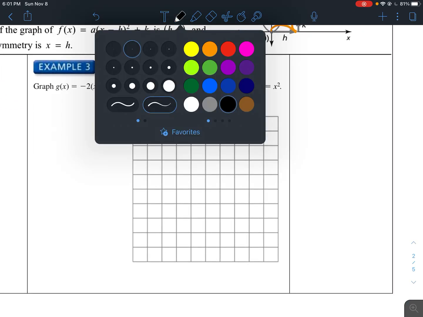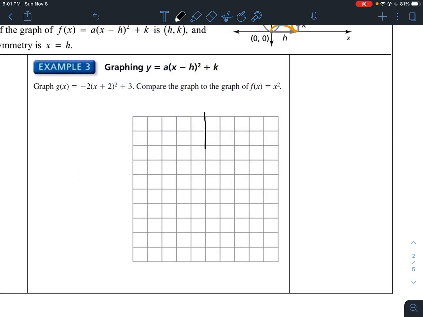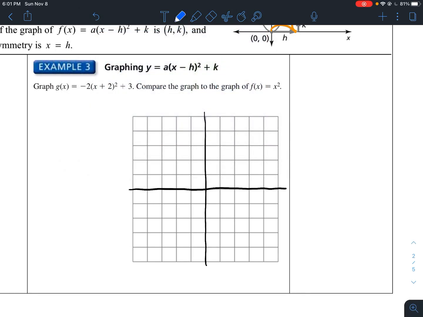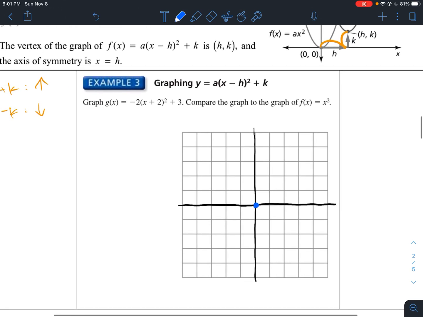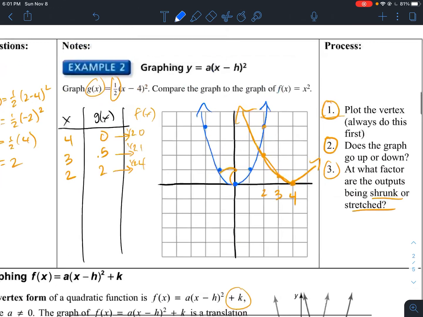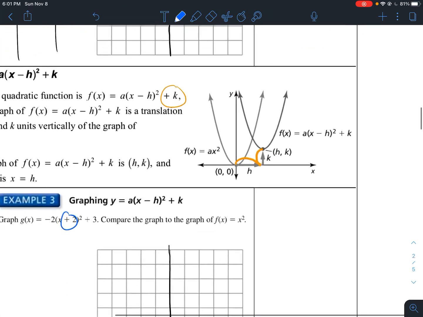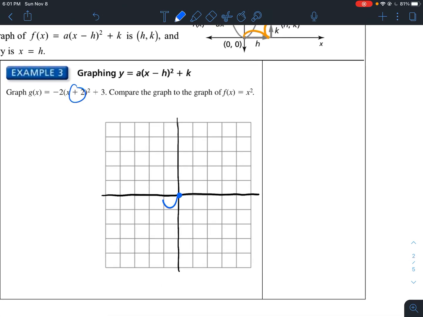So first of all, let's make sure that we have our x and our y axis. So there's our y, and there's the x. So starting from the origin, we have plus 2. If it's plus, you move to the left. So here we're going to go 1, 2, so to there.